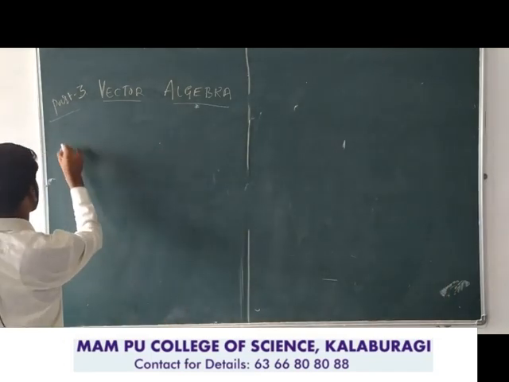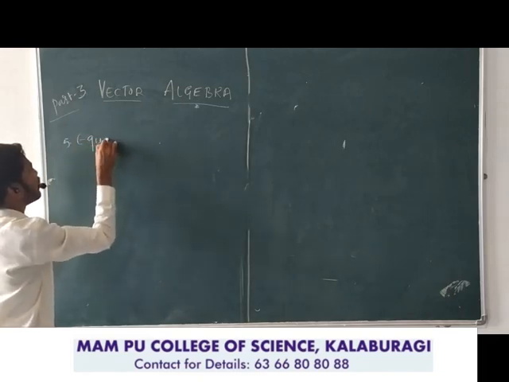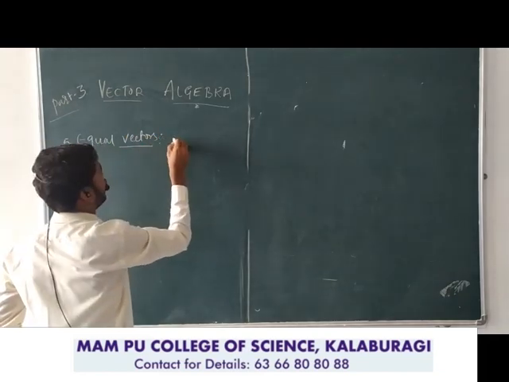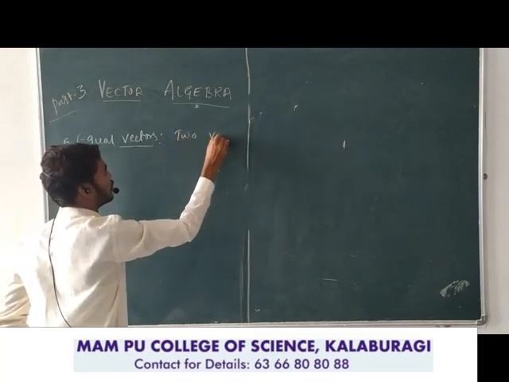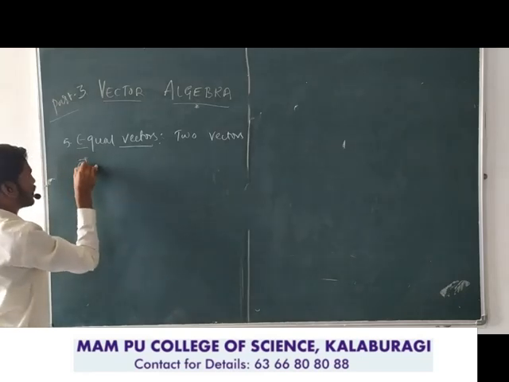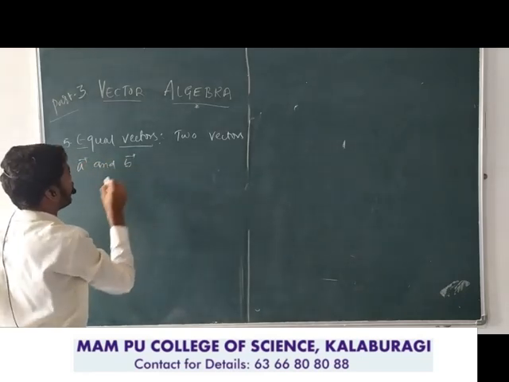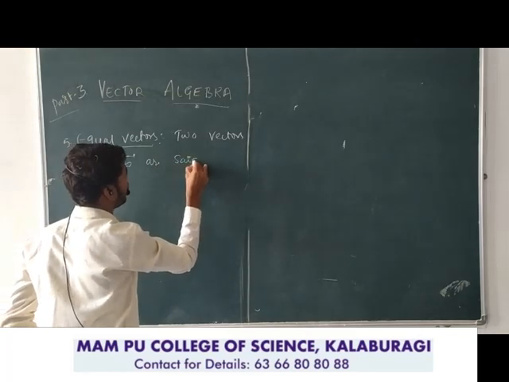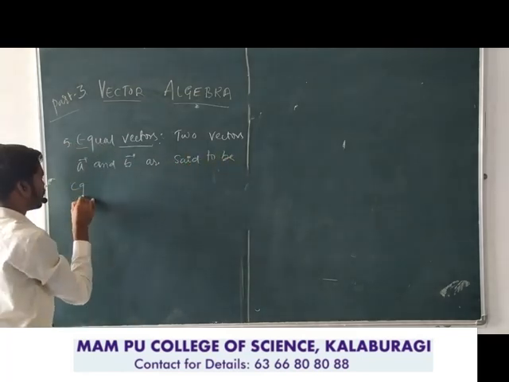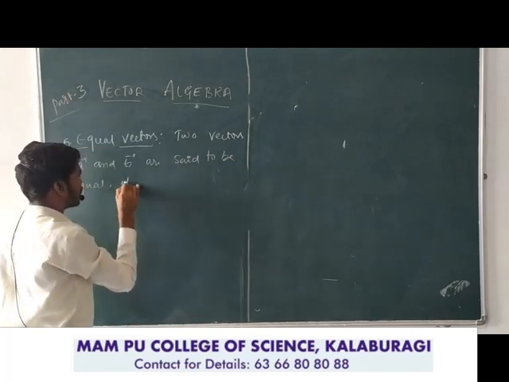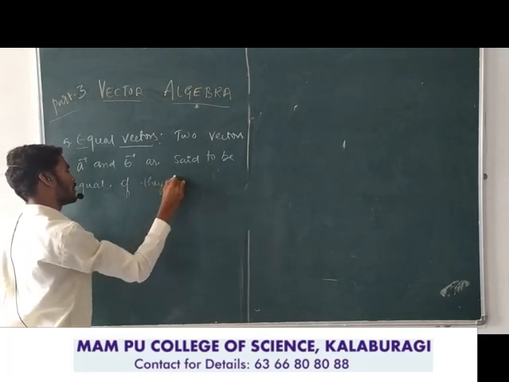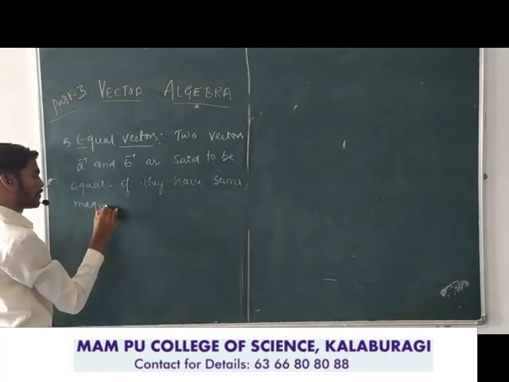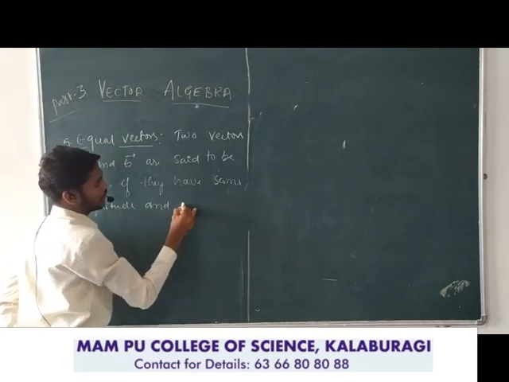Equal vectors. This is the fifth one. Two vectors A and B are said to be equal if they have the same magnitude and direction.